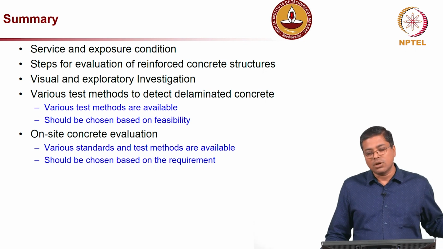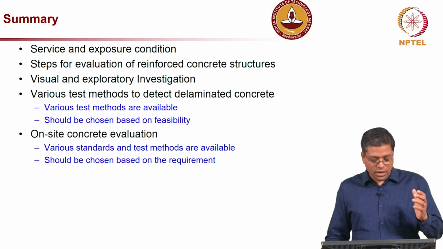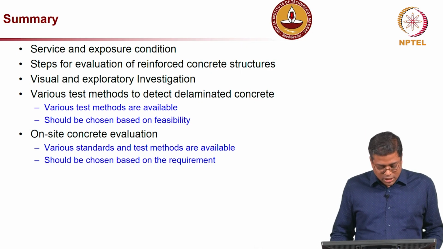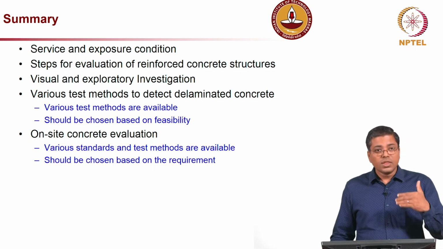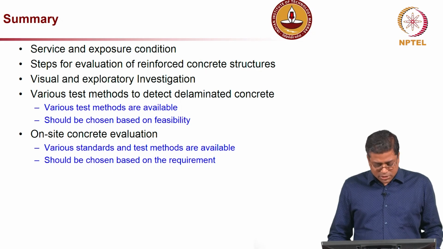For example, instead of repairing the entire structure, you can say only 20% of the area is delaminated, so you can go and do a repair in only that region. And then we also looked at various on-site concrete evaluation techniques and some standard test methods.